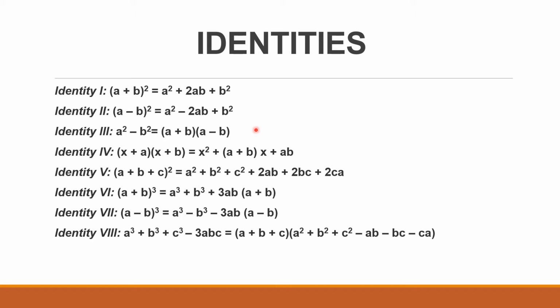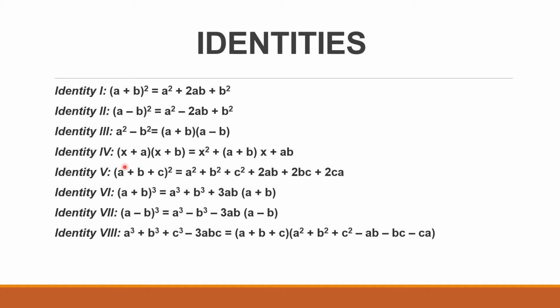For example, the first one is a plus b whole square, which is a square plus 2ab plus b square. Similarly, a minus b whole square is a square minus 2ab plus b square. If we have a square minus b square, we can solve it as a plus b and a minus b.